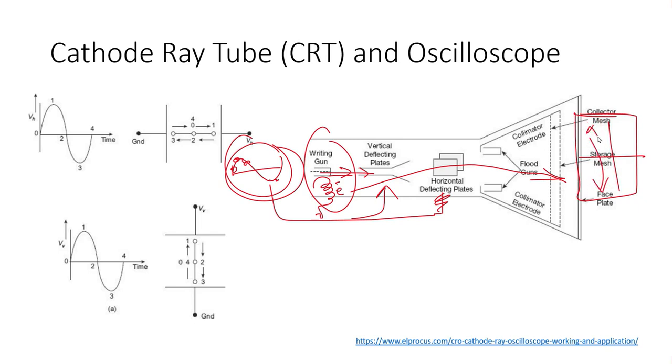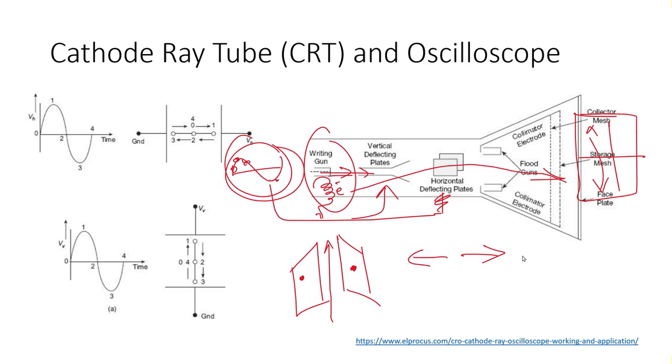So a vertical plate means that these are something like this, and if an electron goes through this and we provide a voltage toward this, then it will move toward this side, and if the voltage is more on this plate, then it will move towards this side. So this is about the vertical plate.